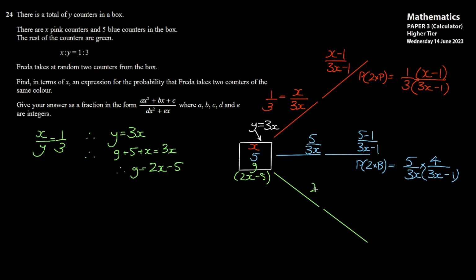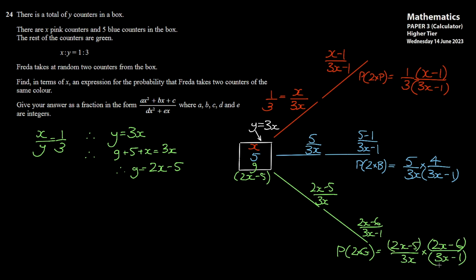We've got 2x minus 5 over the total 3x again, and our second pick will be 2x minus 6 over 3x minus 1. So the probability of 2 greens is these two multiplied together.